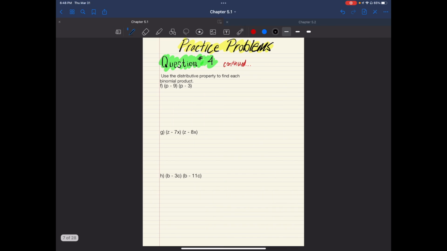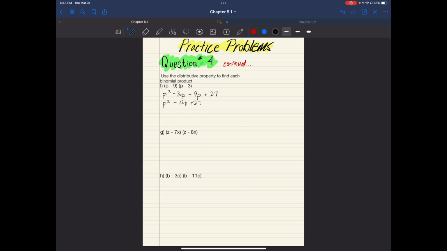Moving on to the next one. So here we have p's. So p squared minus 3p minus 9p plus 27. Combine and collect like terms, p squared minus 12p plus 27.